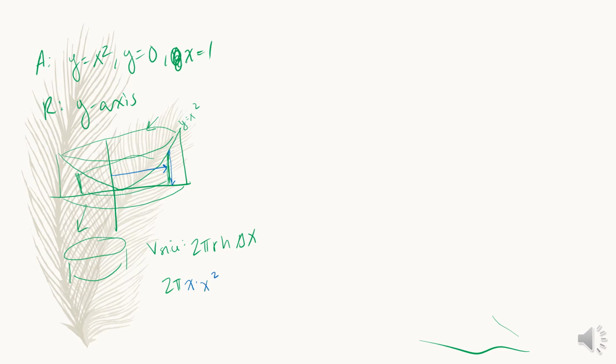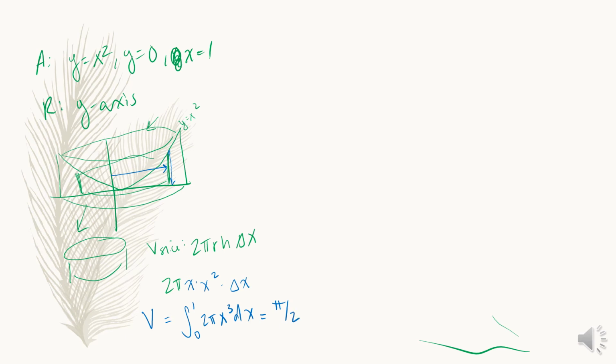So that gives me an x squared, and then my delta x. So the total volume will be going from 0 to 1, integrating 2 pi x cubed dx, which you can work out on your own. I got pi over 2 for that one.